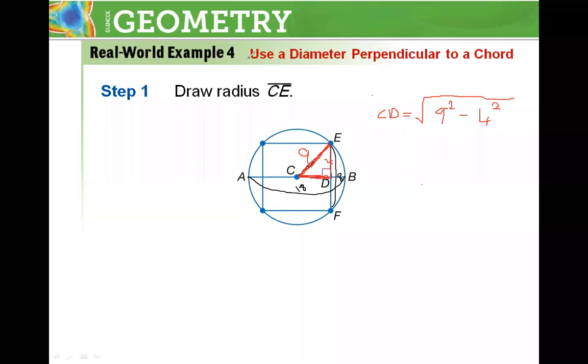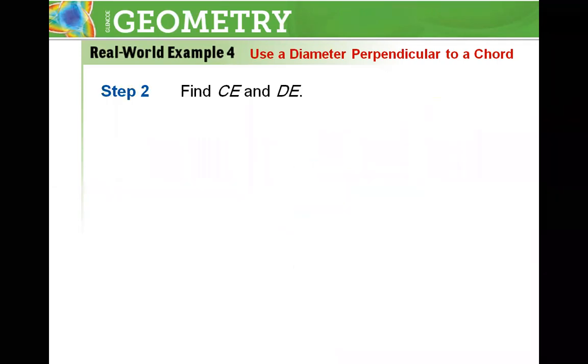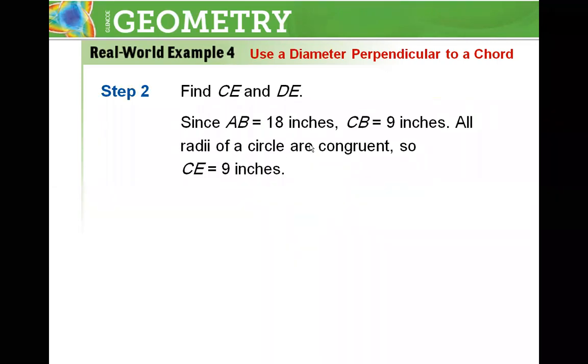I will give you the steps in clear handwriting. So this forms a right angle triangle CDE. CE and DE, we have here 18 inches. So CE equals 9, as Muhammad said, it's a radius, because all radii in the same circle are congruent.